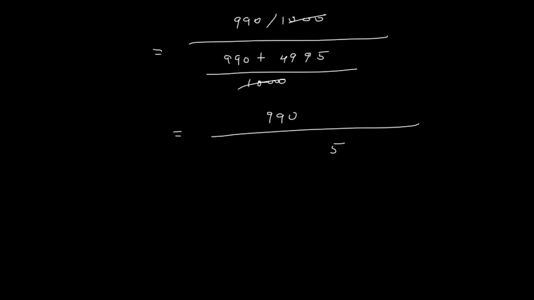Then 9 plus 9 is 18, 1 carry, 9 plus 9 is 18, 1 is 19, 1 carry, and this is 5. Now I have to divide. So first let us divide with 5.